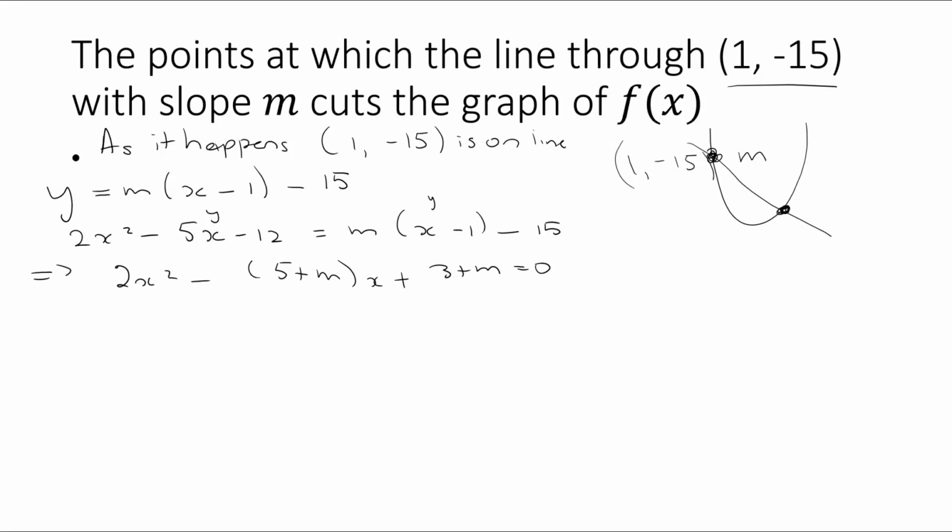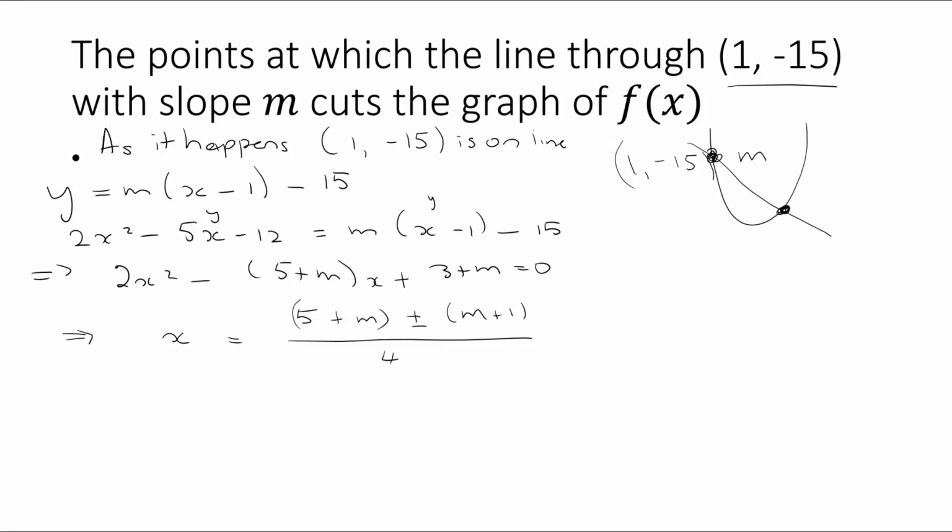Now we've got a quadratic, and that means we can just use the quadratic formula, which again I suggest you stop the video and do yourself, and you get that x is equal to 5 plus m plus or minus m plus 1 over 4.